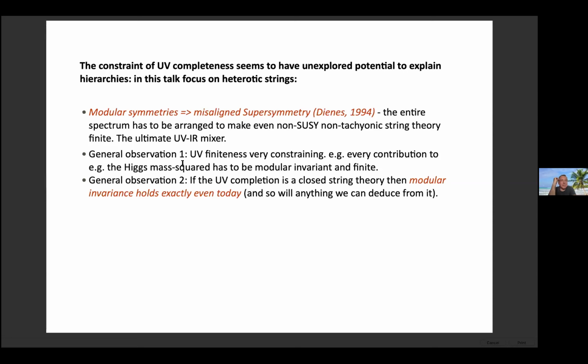The second observation is that supersymmetry is broken, but finiteness of the string theory is not. So if the theory is finite and modular invariant, it has to be finite and modular invariant today. So anything we can say about it because of modular invariance is true today. That's why it's an interesting thing to think about.